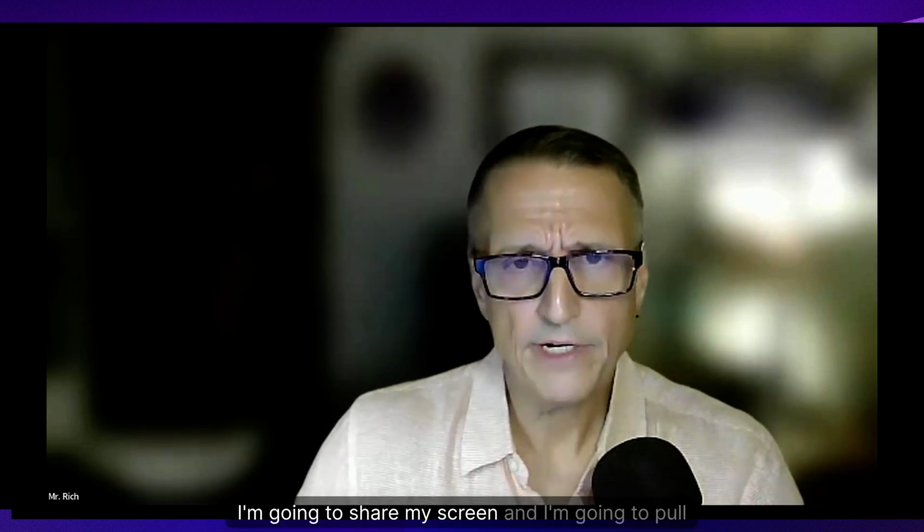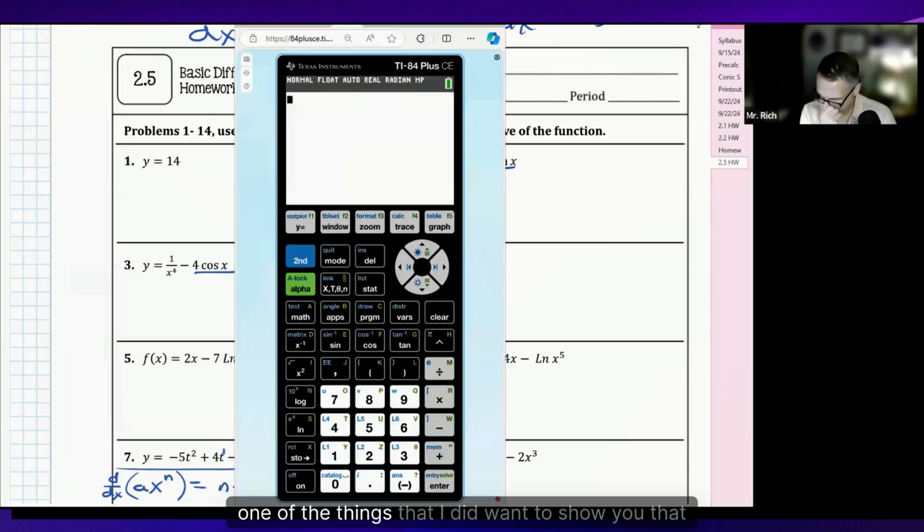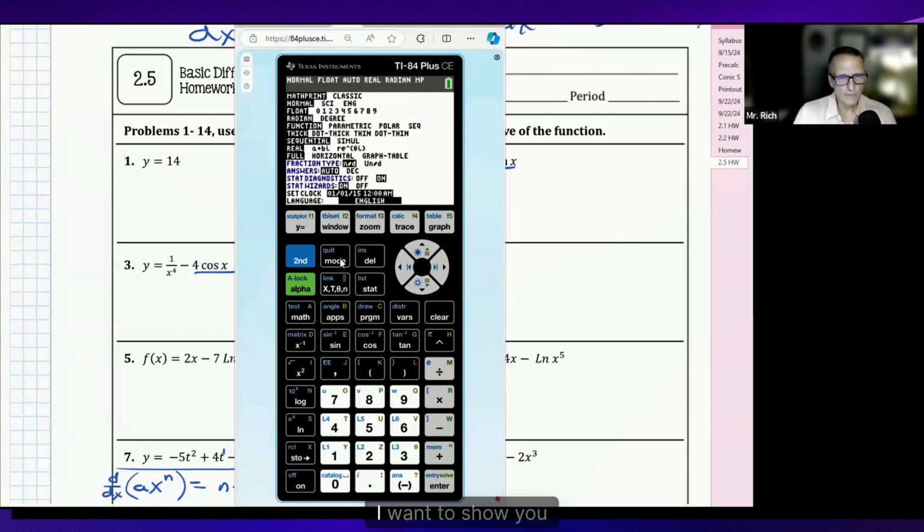I'm going to share my screen and I'm going to pull up my TI-84. I'm going to show you a few things here. This is my TI-84. One of the things that I did want to show you that you may not know about is a mode that you can put your calculator in, and you can put your calculator into complex number mode right here.